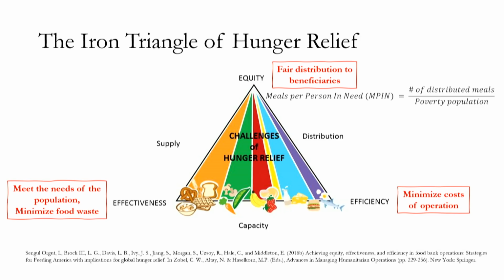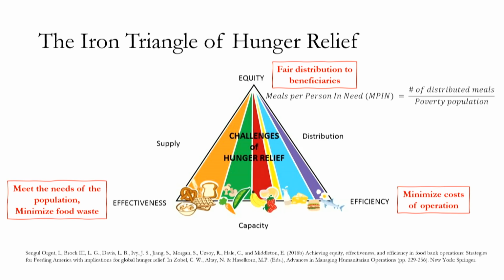Equity is multifaceted. I've been talking about geographical equity, but there are also aspects involving demographic or socioeconomic equity, which I will not get into in detail, but those must also be considered. Then we have effectiveness, which is typically defined as meeting the needs of the population or minimizing food waste.